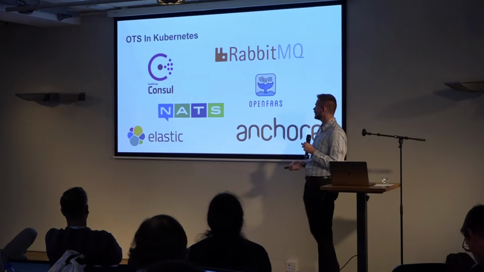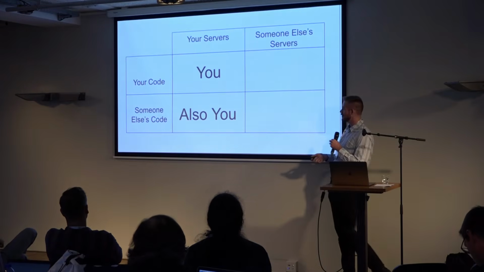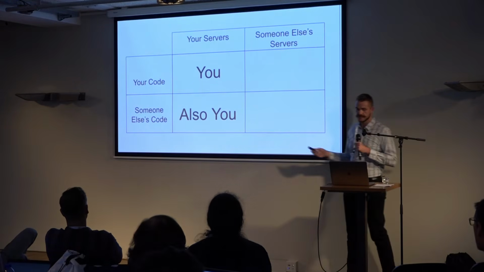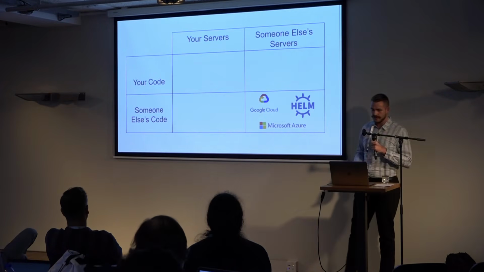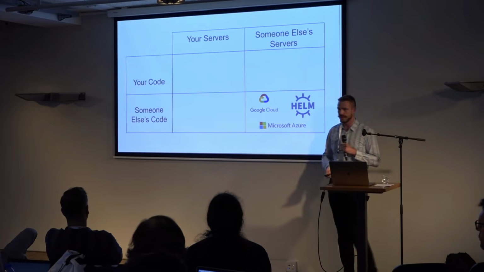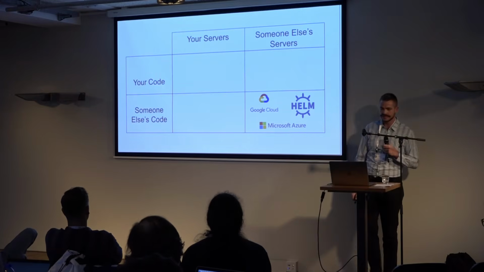But if you use any of this stuff, or hundreds of other charts, you're probably in the bottom row as well, where you're deploying someone else's code to your own servers. And if you're a chart maintainer, you're over here. And if you're building a package manager or a PaaS or a marketplace, you're down in this other corner. That's Helm maintainers.